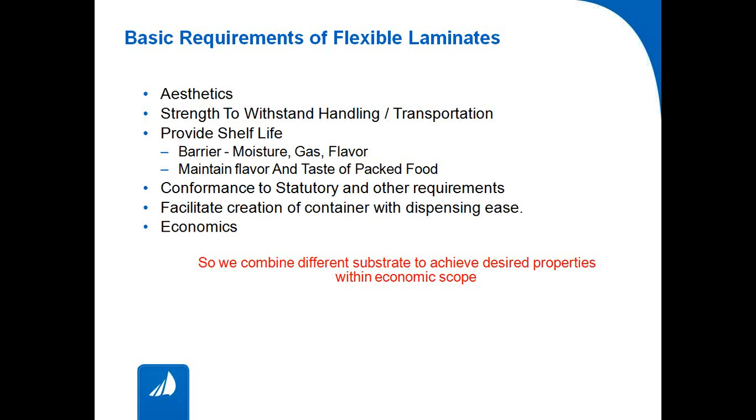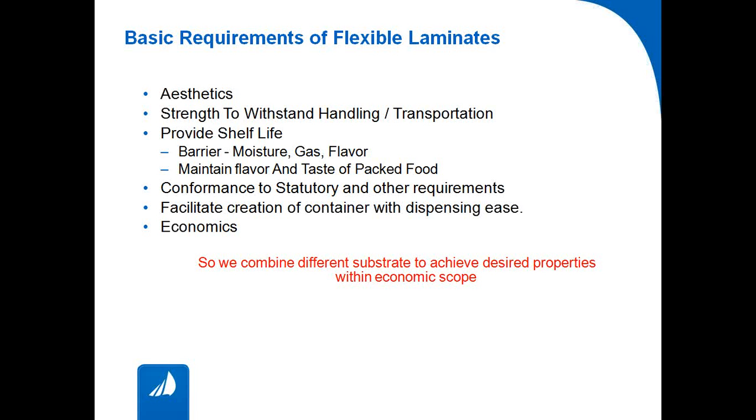Simple things, I'm just putting them on a single piece of paper. Conformance to statutory and other requirements, facilitating creation of the container, dispensing. This is from the producer's point of view. The first 4 points are basic requirements of the package. Now you have designed a packaging material, but then you have to provide something on it so that a container can be easily made out of that.